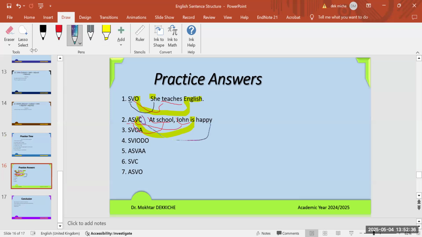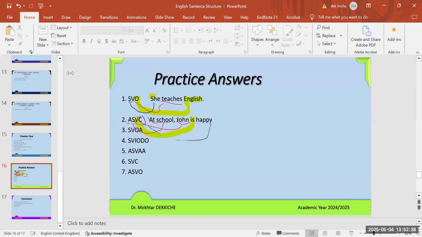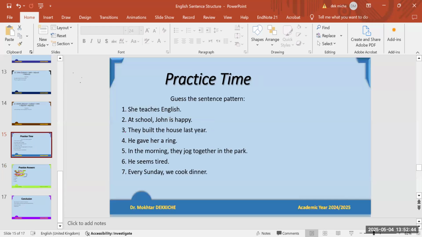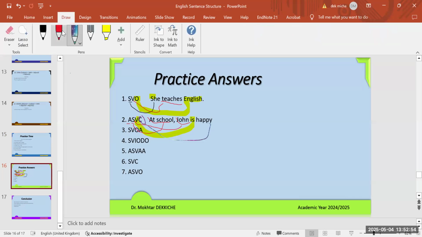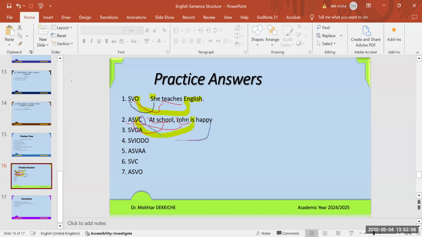So let's try to do all the remaining sentences. They built the house last year. They is the subject.